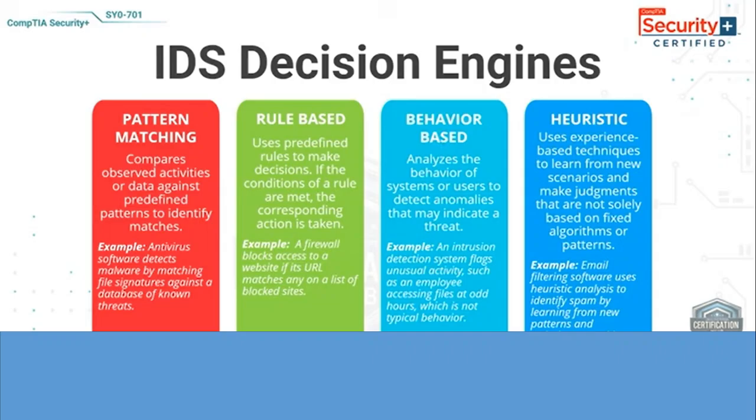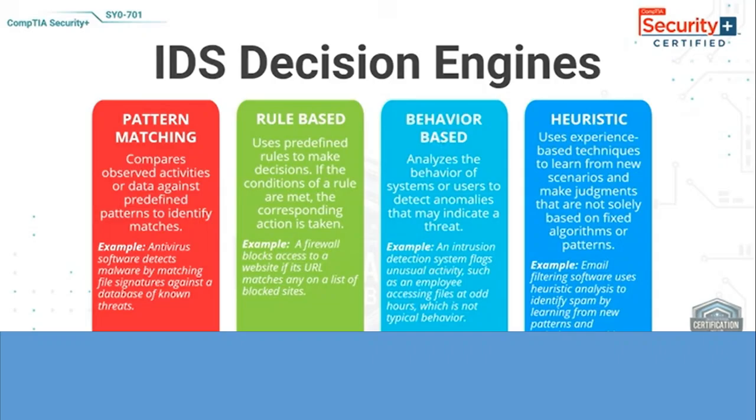Now behavior based: the IDS analyzes the behavior of the system or user to detect malicious activity or any indication of a threat. If any data or traffic coming to the network indicates a threat, it checks the behavior of any user or system that is acting like a threat.